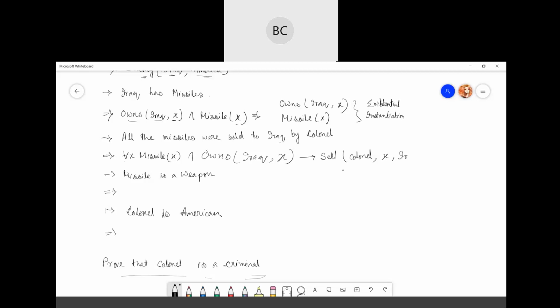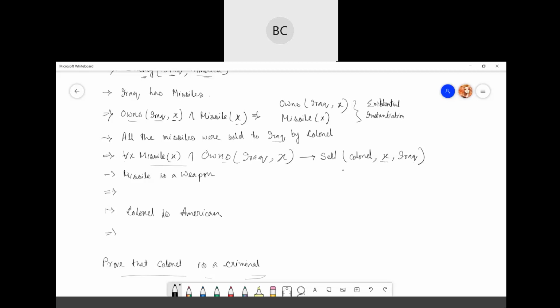To Iraq. So from this fact we can deduce this one: all missiles were sold to Iraq. After selling missiles to Iraq, Iraq owns some missiles, so we can use this relationship. And if it is true, then we can imply that missile X was sold by Colonel to Iraq.